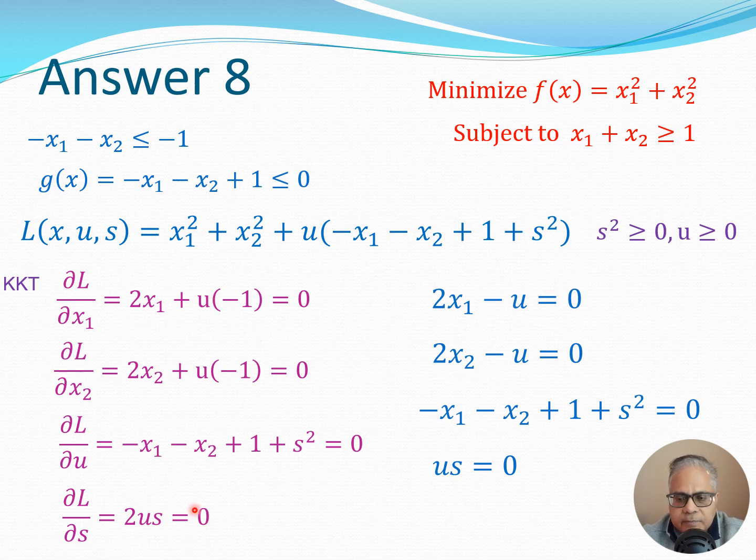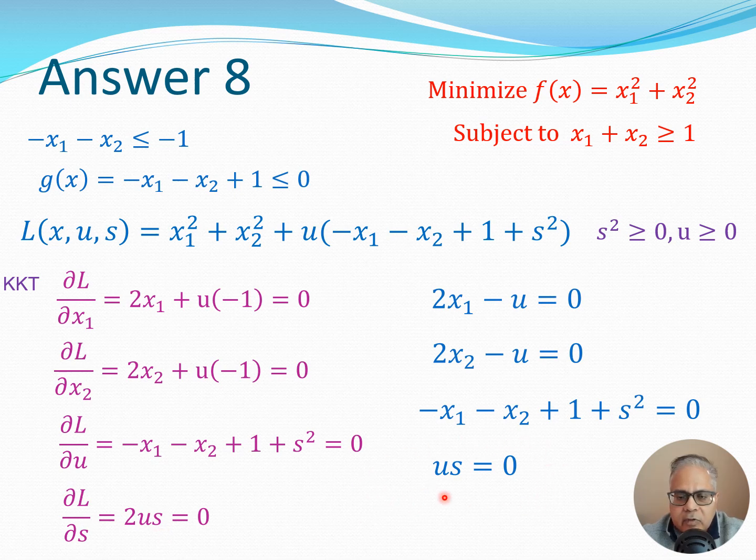With the gradient set to 0, I get these 4 equations, and I can simplify them slightly more. The first equation gives me 2x1 minus u equal to 0. The second equation is 2x2 minus u equal to 0. The third equation gives me minus x1 minus x2 plus 1 plus s square equal to 0. And then the last equation gives me us equal to 0.